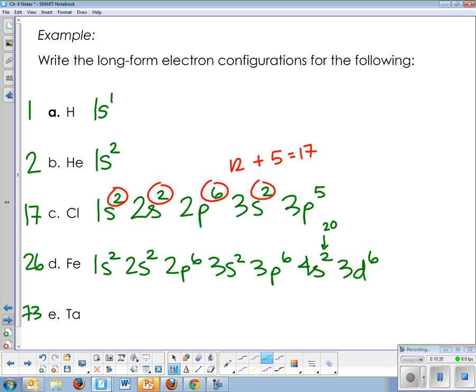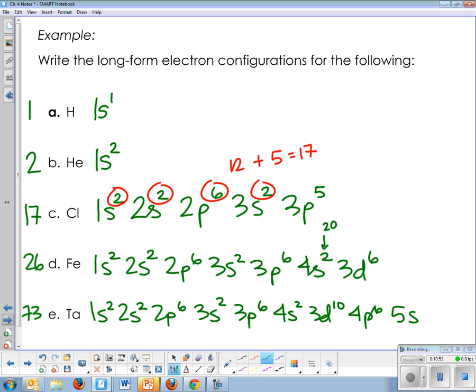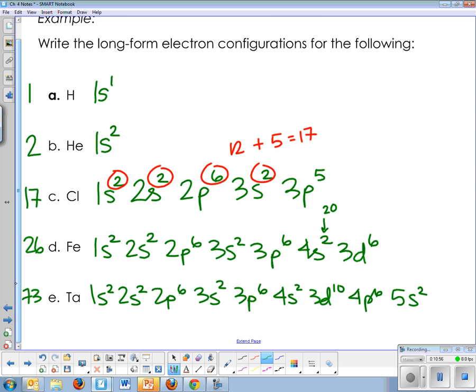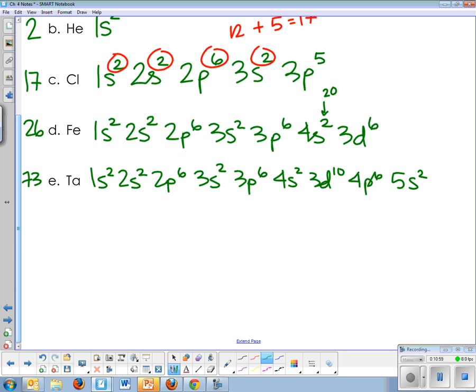All right, for Ta, you should have 1s2, 2s2, 2p6, 3s2, 3p6, 4s2, 3d10, 4p6, 5s2, scroll down, 4d10, 5p6, 6s2, 4f14, and 5d3.